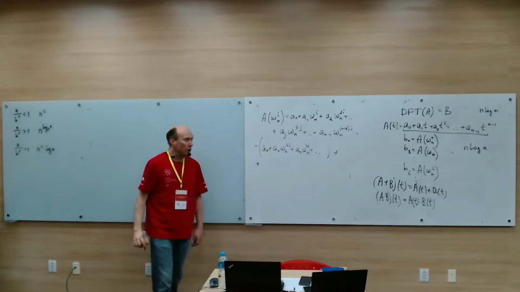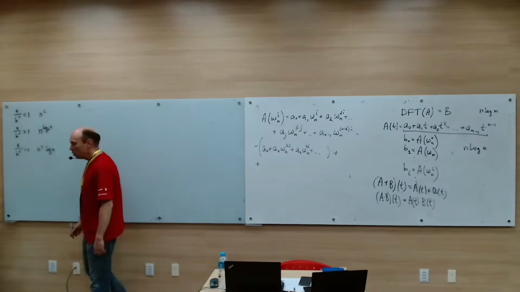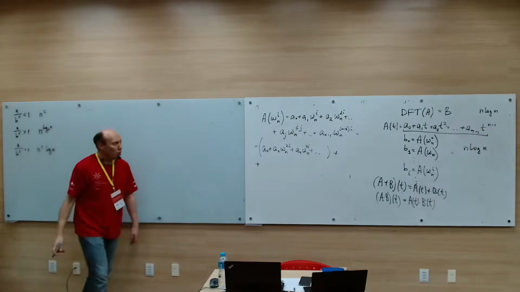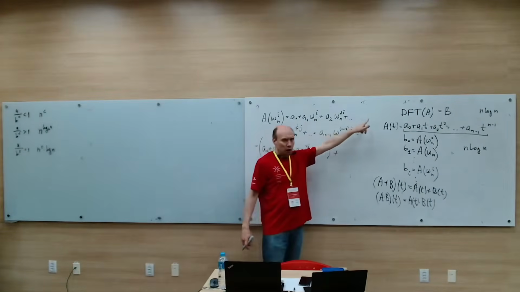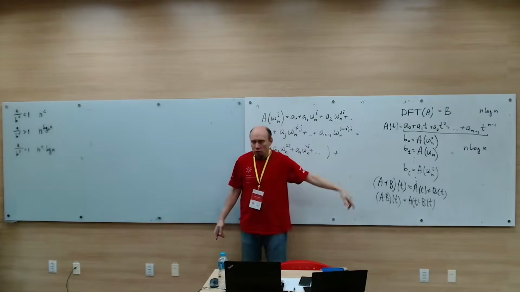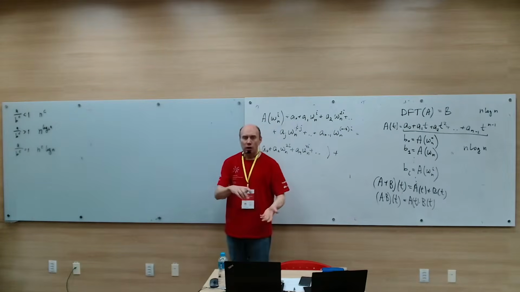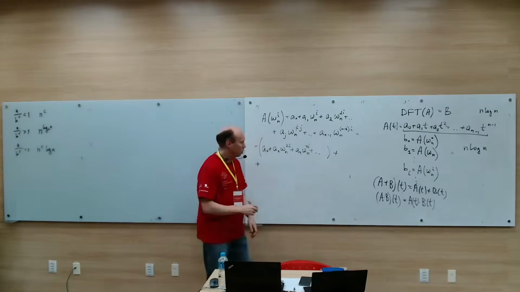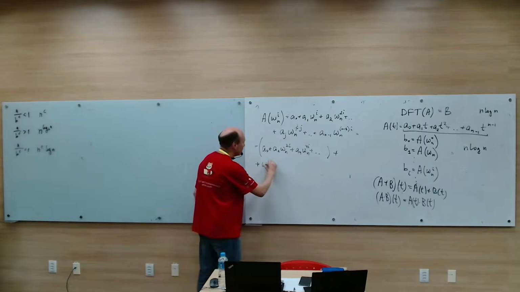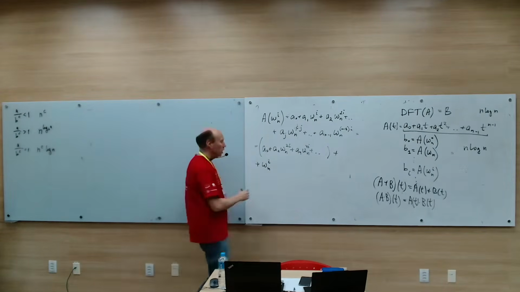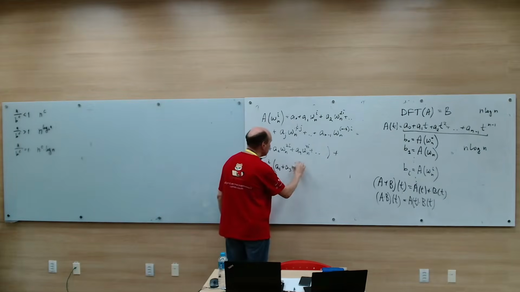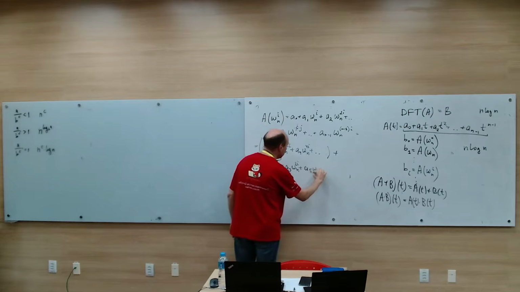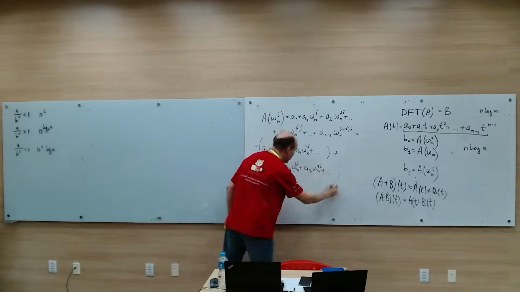Plus, for odd indices, they all have omega n to the power of I, 3I, 5I, and so on. So we can take omega n to the power of I out of the parenthesis, so it's omega n to the power of I times A1 plus A3 omega n to the power of 2I plus A5 omega n to the power of 4I plus and so on.